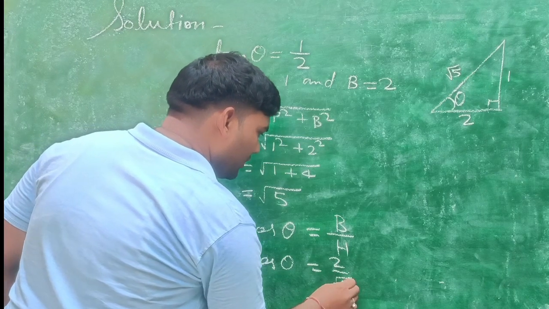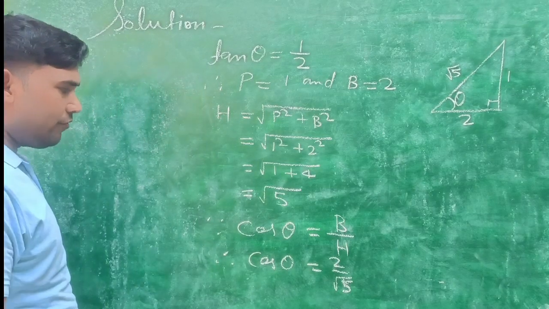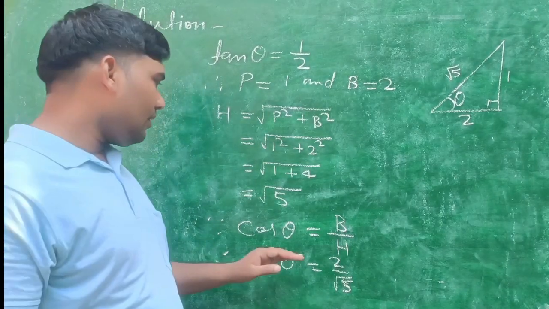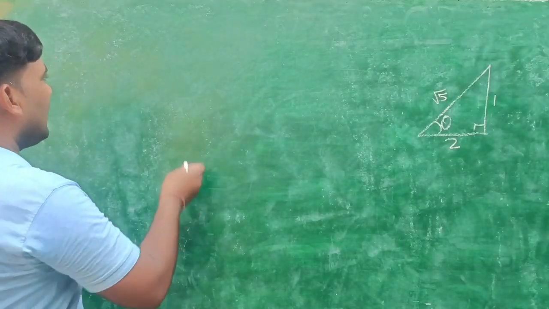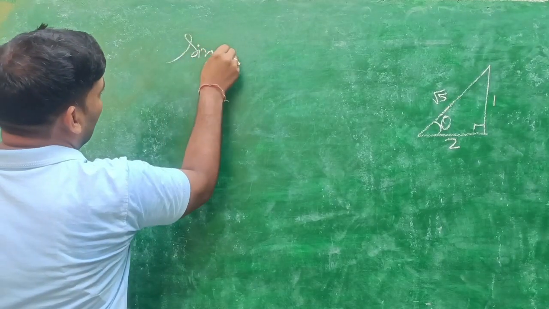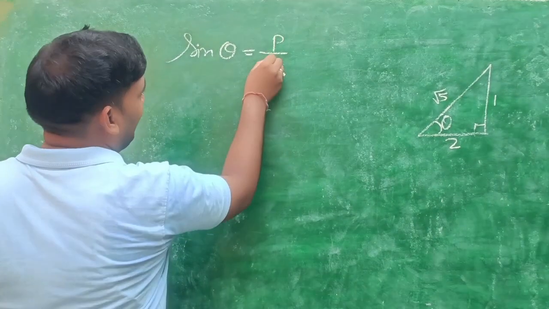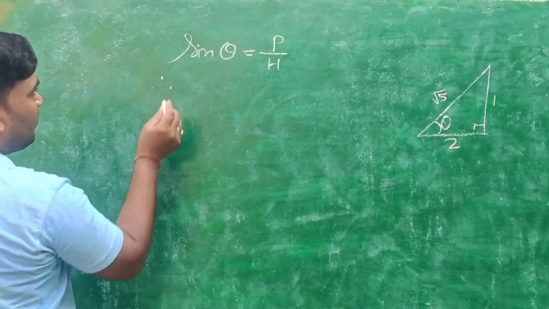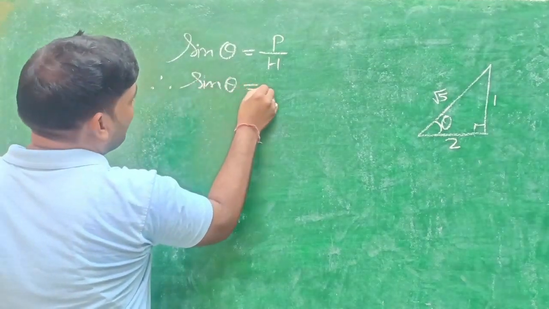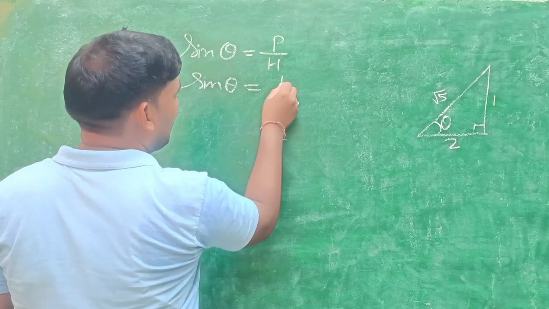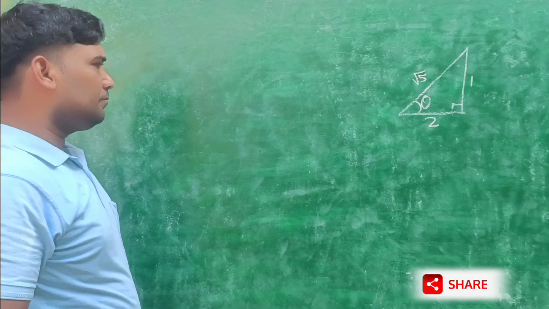Okay, so cos theta is 2 by root 5. Okay, and now we will find out the value of sin theta, and we know that sin theta is equal to P by H. Now put the values of P and H. So here will be sin theta is equal to 1 by root 5.